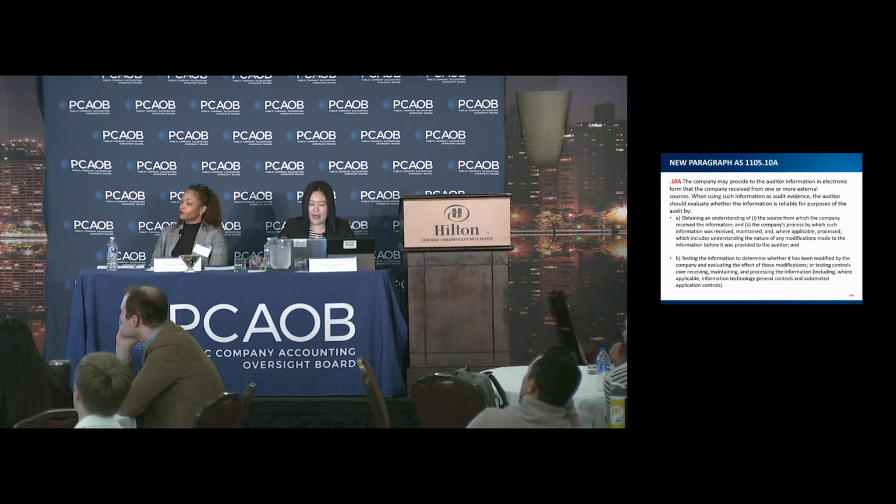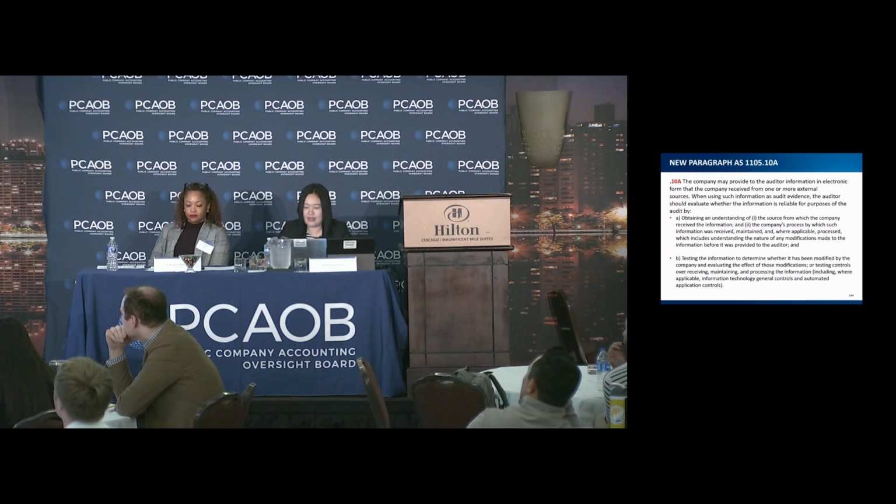This slide presents the full text of paragraph A10A. Before we dive into the details, I want to provide a little bit of background on this provision. AS 1105 establishes auditors' responsibility for evaluating the reliability of audit evidence, whether the evidence is in paper or electronic form.